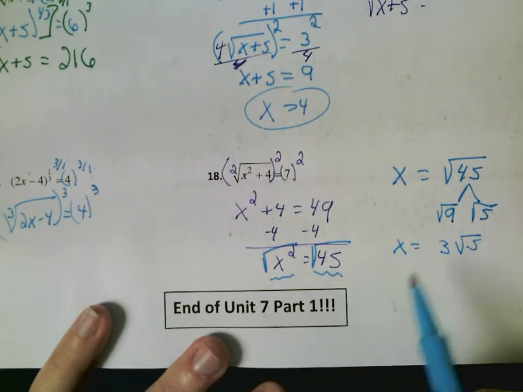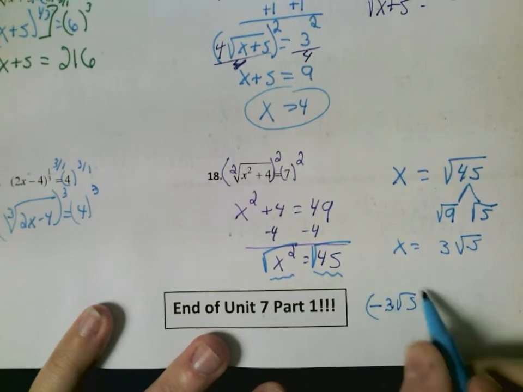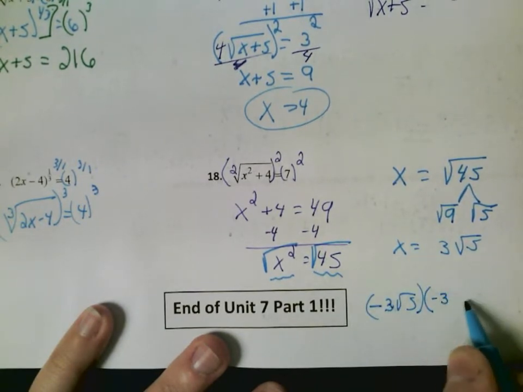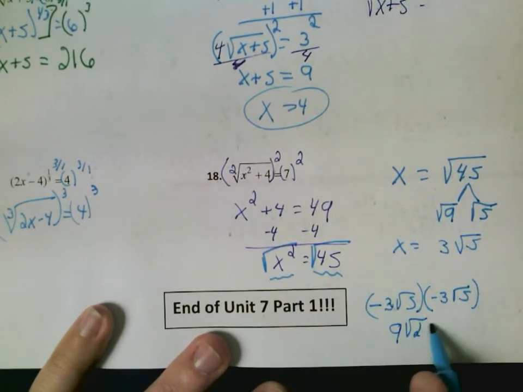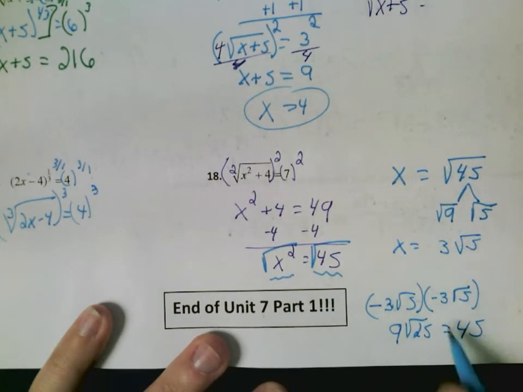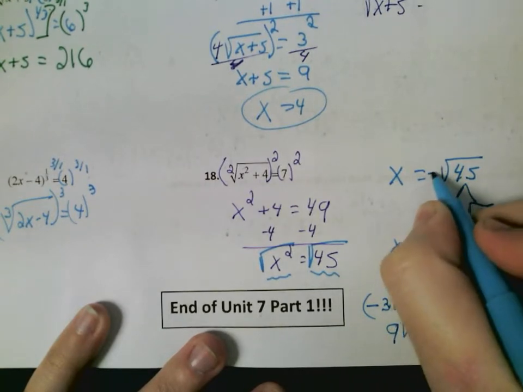But what about negative? What if I plugged in a negative 3 root 5? Well, then I would be taking negative 3 root 5 and multiplying by negative 3 root 5 because it's squared, right? Negative times negative would give me positive, and all of a sudden I still get a positive answer. So you really have to be careful and think about those pluses and minuses.